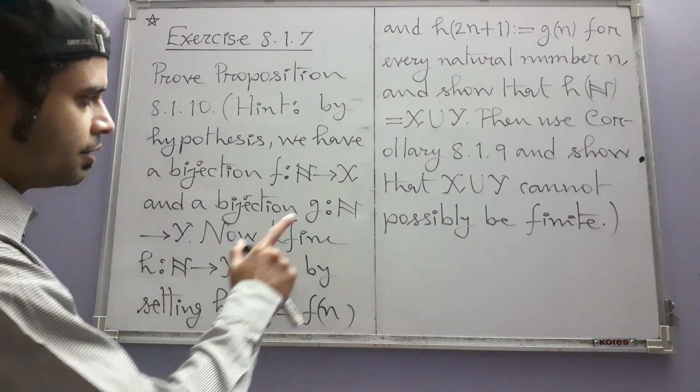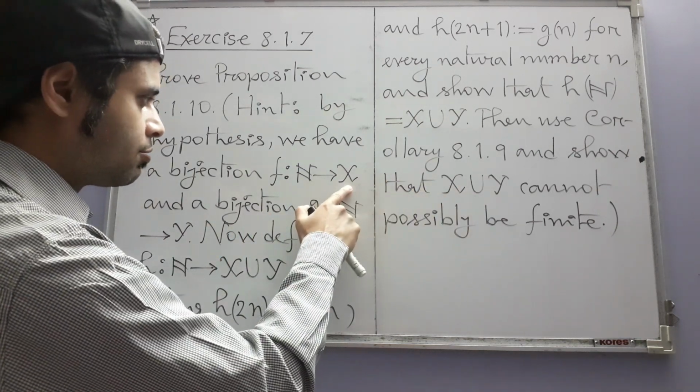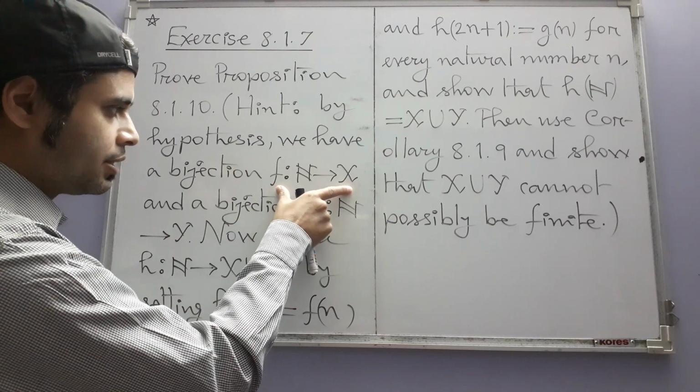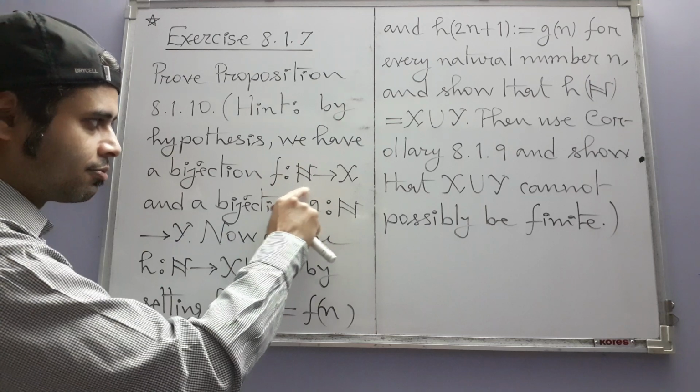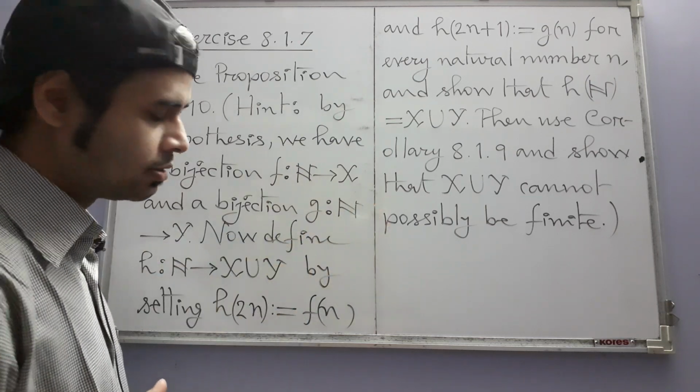So because it's given that both X and Y are countable, there would be bijections f and g from the set of natural numbers onto these sets.